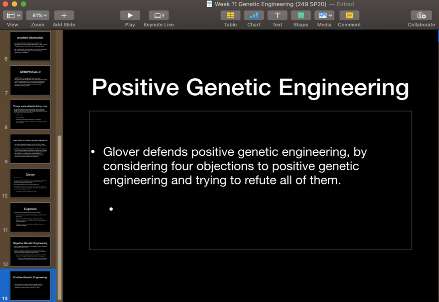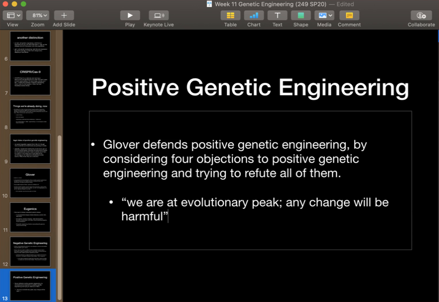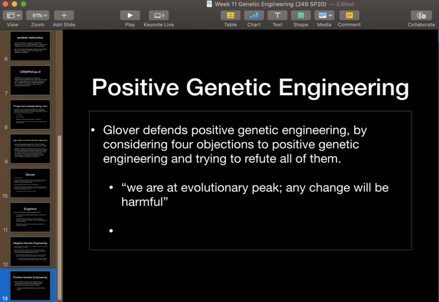Okay? So these four objections, which we will go over in the next slides, are as follows. The first one says something like, we are at an evolutionary peak. Any changes in our genome will be harmful. That's the first objection. The second objection is genetic engineering makes us too different from our family.